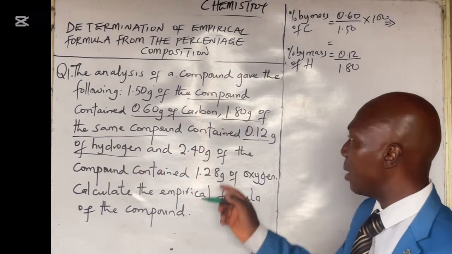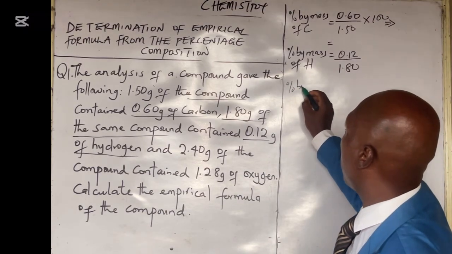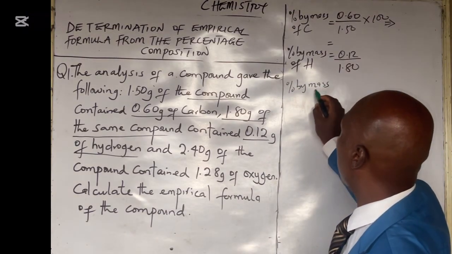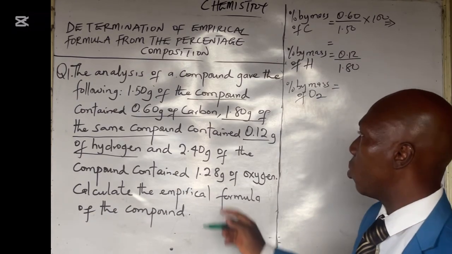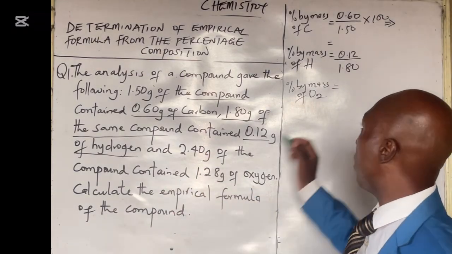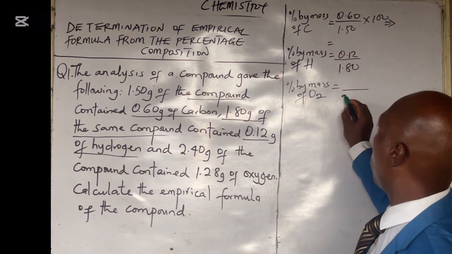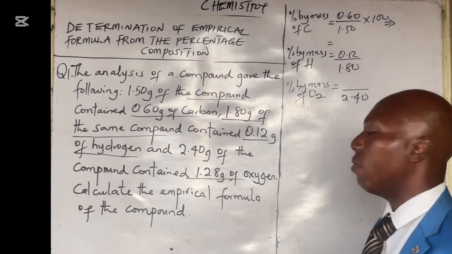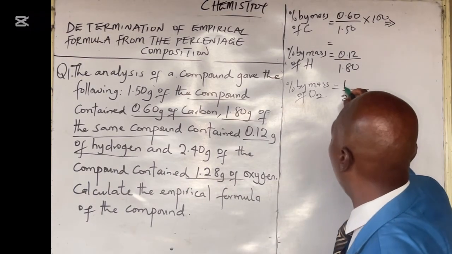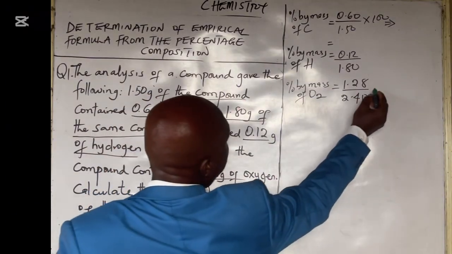And lastly, the percentage by mass of oxygen. That will be 1.28 gram of oxygen over 2.40 gram of the compound. So let's get the result here.